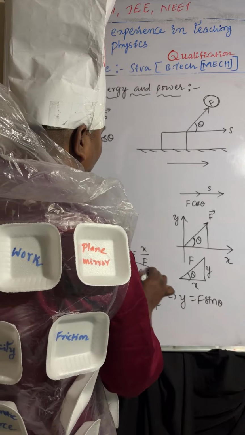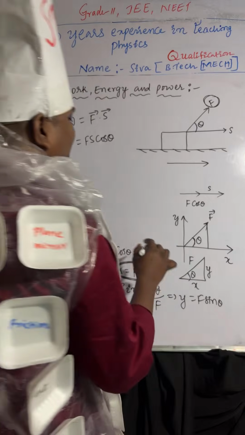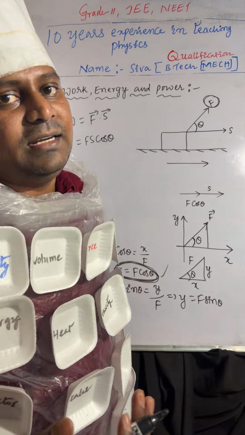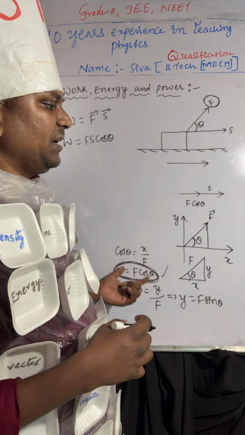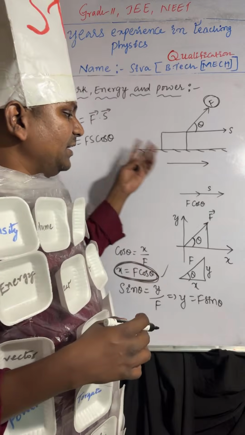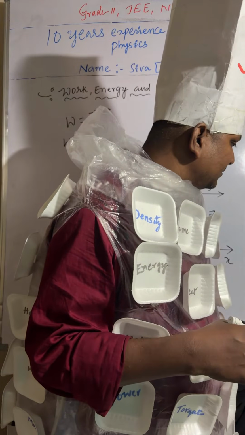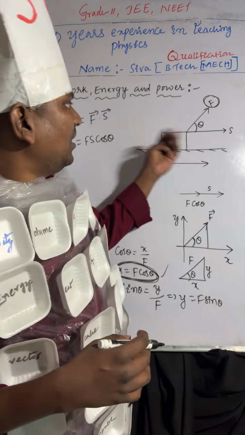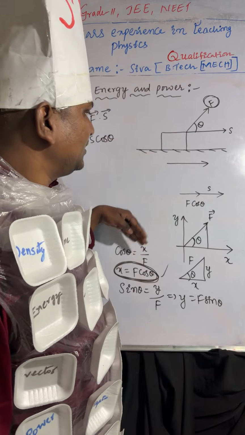This is responsible for the movement of the body. The body is moving along the horizontal direction because of the force component F cos theta. Understood or not?